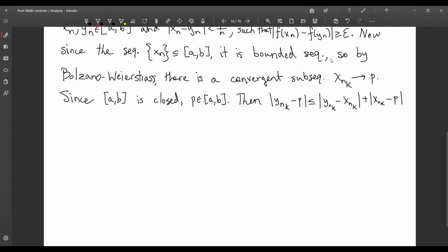Now we know this is less than 1 over n sub k, and n sub k is getting larger and larger, so this goes to 0. And this is the distance between a sequence and its limit, so this also goes to 0, so y sub n sub k also converges to P.